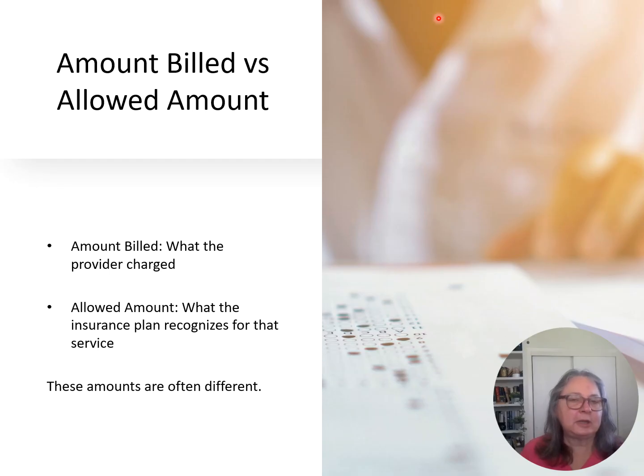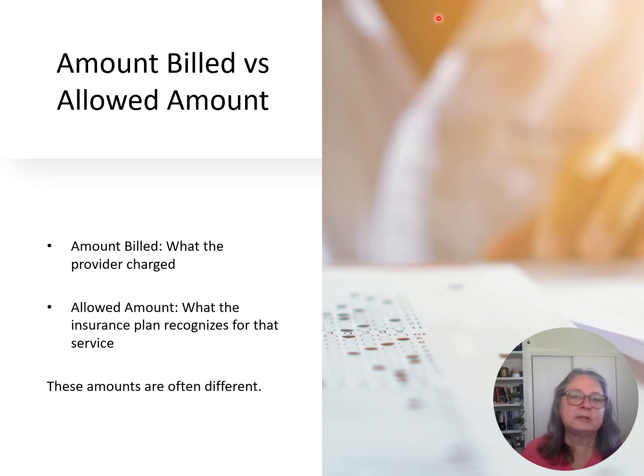Because of these negotiated rates, the amount billed and the allowed amount are often different. The allowed amount is the number that the insurance company uses to calculate payment and patient responsibility. So if your provider bills $200 and your insurance only allows $150 per the contract for that provider, then the allowed amount is going to be $150.